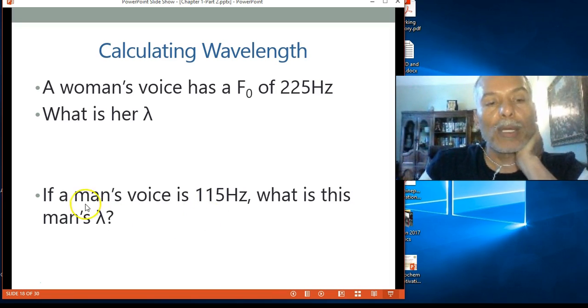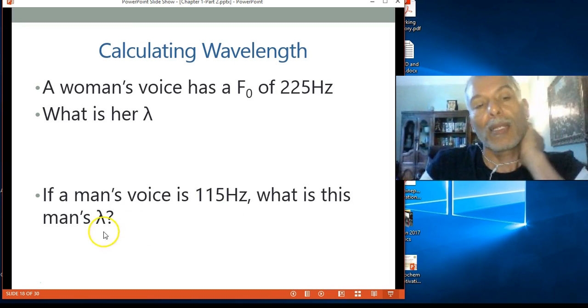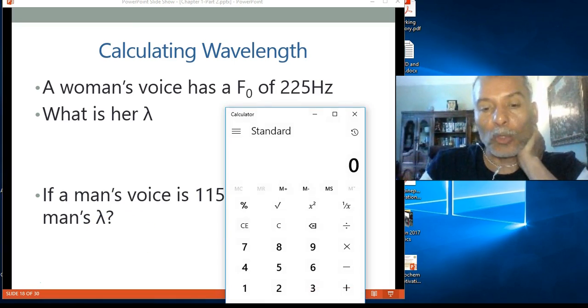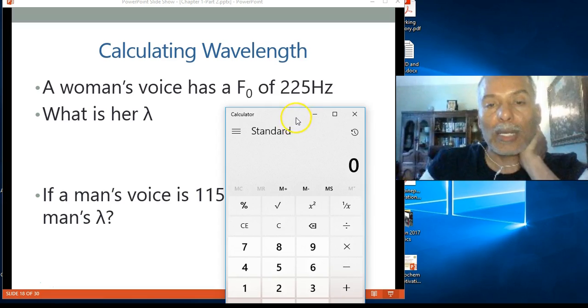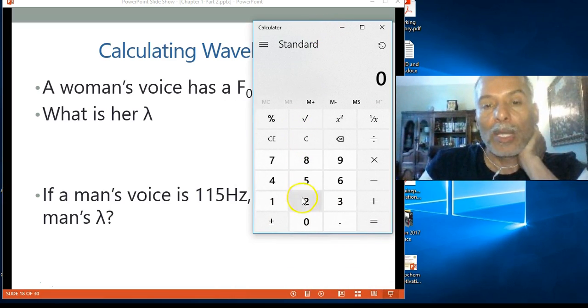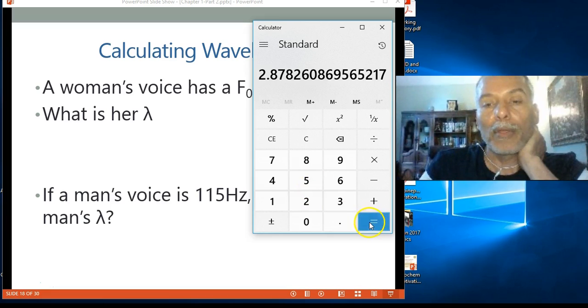The fundamental frequency for an adult male's voice is 115 hertz. What is lambda? What is the wavelength? Use the same equation: if you want meters, 331 divided by 115 equals 2.87, which is a little less than 3 meters.